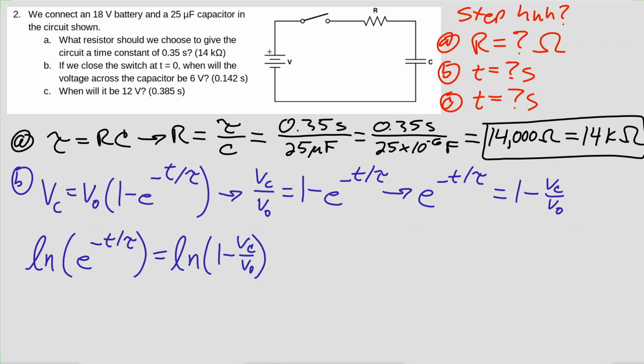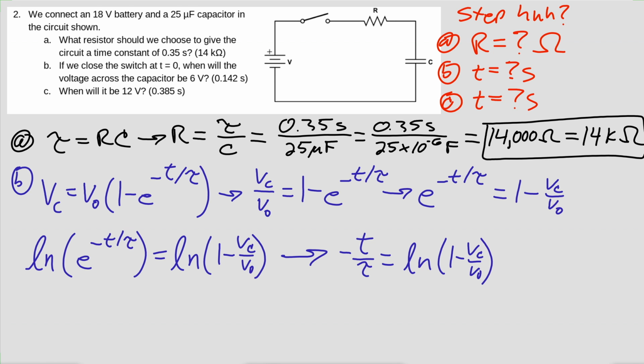On the left side, if I take the natural log of e to the anything, I get the anything. So on the left side, I'm now going to have minus t over tau is equal to, over here I'm going to keep the natural log, 1 minus V sub C over V naught.